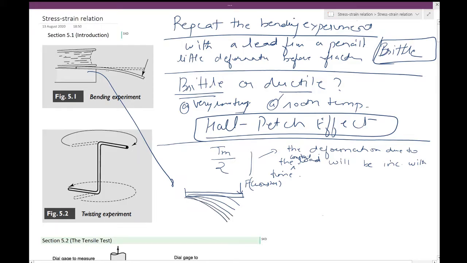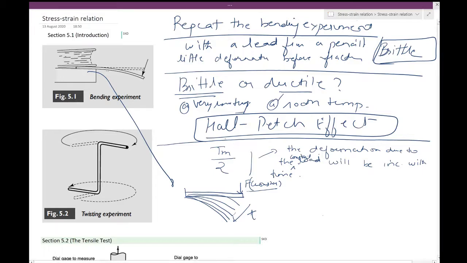Remember, in the elastic case you will have to keep on increasing this load for it to get to a larger deformation. In this case, the force remains the same, but the deformation is still increasing with time. This will happen if you do this test at a very high temperature.